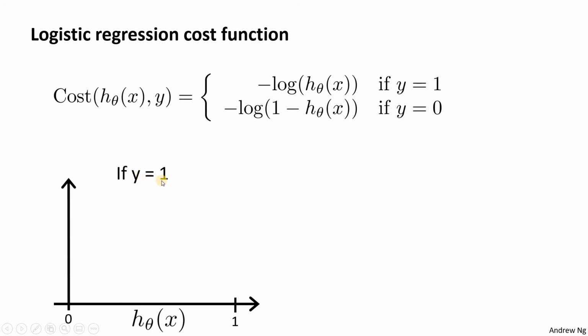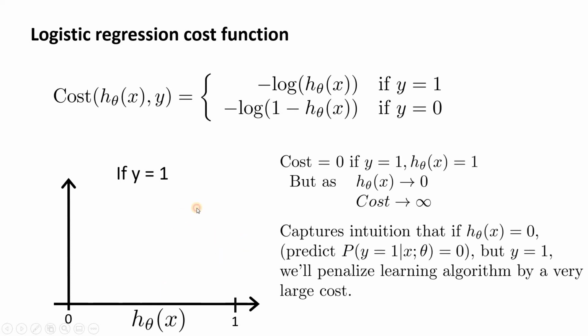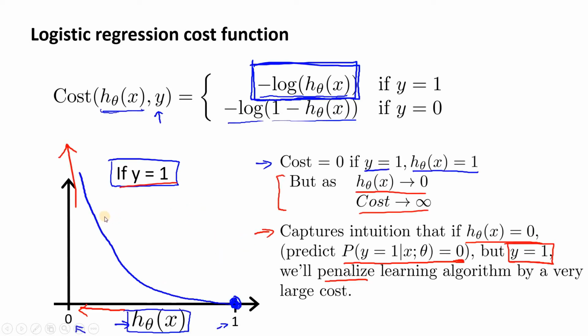So overall, what happens for y equal to 1? When y is 1, if you remember, the more your h value is close to 1, the error will be less.